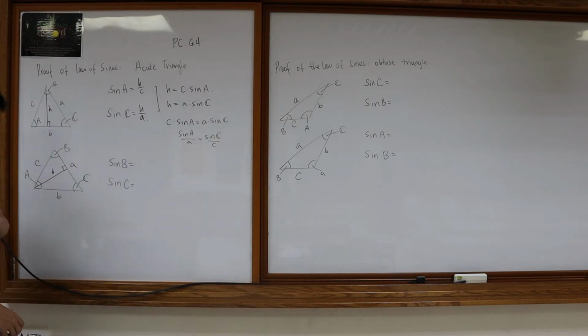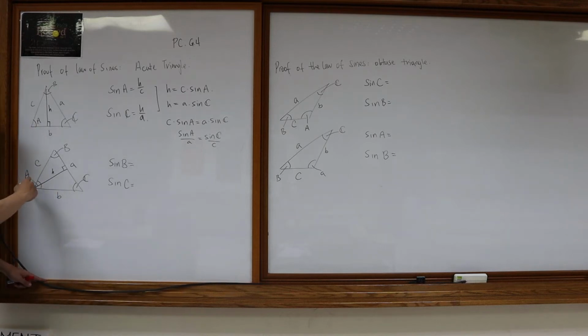Now, the next part here we're going to talk about is, again, the same triangle, but use another ratio. Okay, so if we draw another line over here, and again, this is an altitude. So sine of angle B here is going to be opposite over hypotenuse.